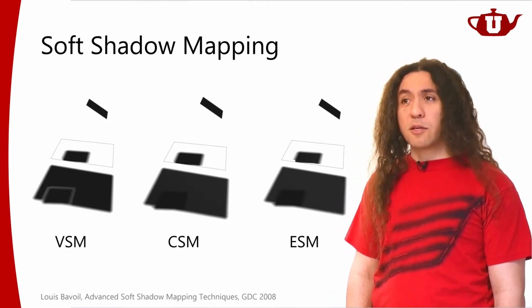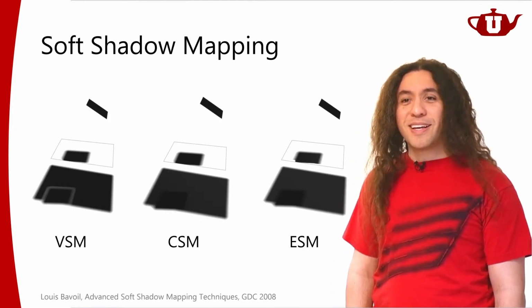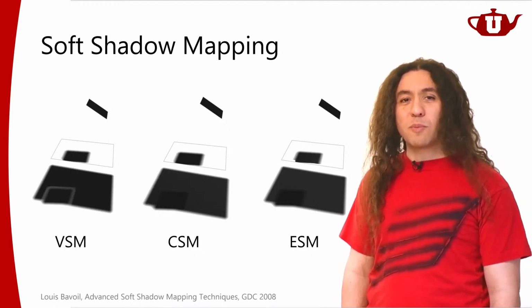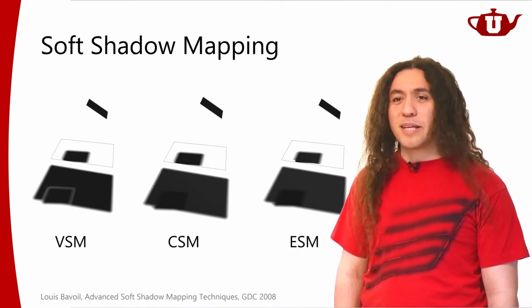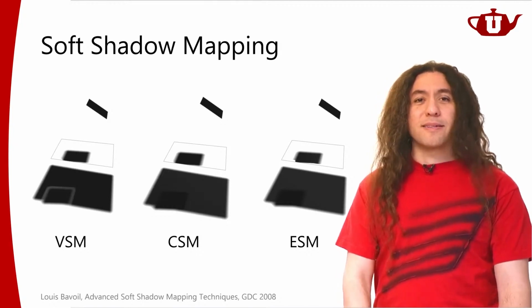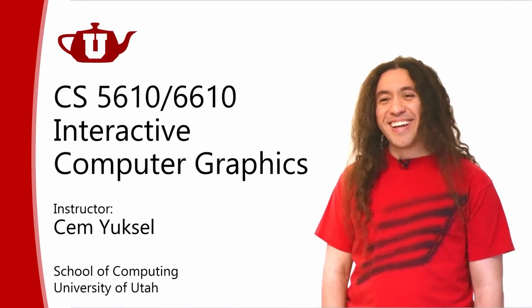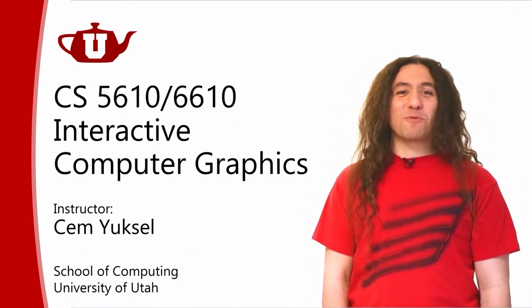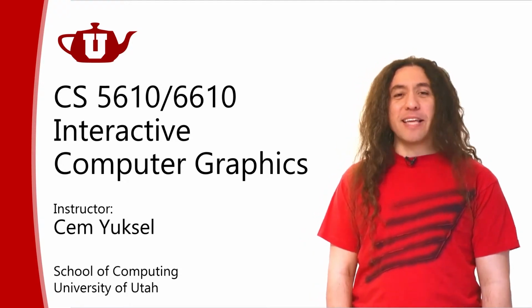But I also would like you to know that others exist. And if you're interested in this topic, you can find quite a bit more detail with more recent methods. Basically, the point is, there is no perfect solution. There are different solutions, and you pick which one works for you. But you get the idea.